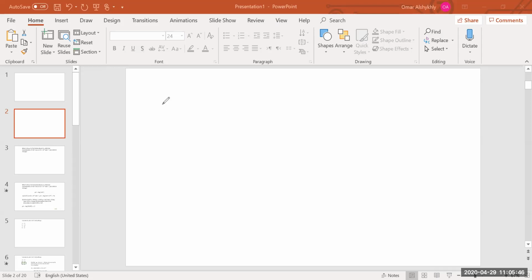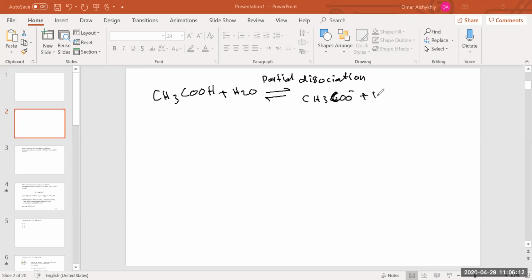So if I have a weak acid like CH3COOH, reacting with water, there will be partial dissociation. Now this will give me CH3COO negative plus H3O positive.